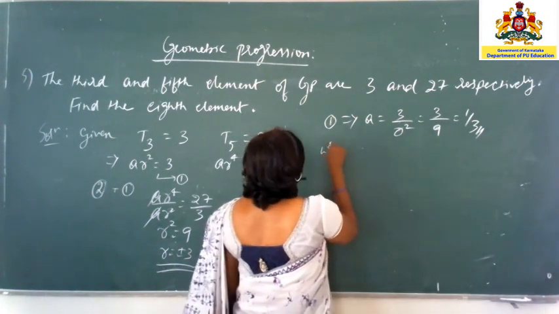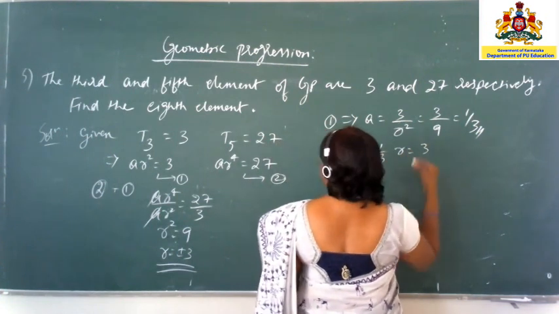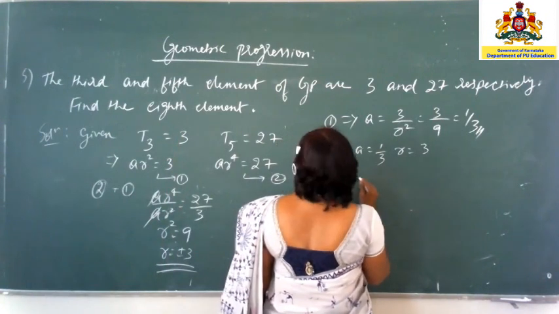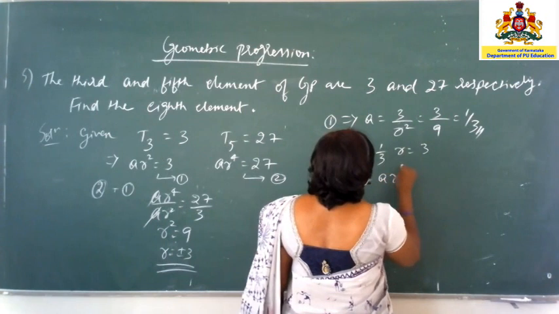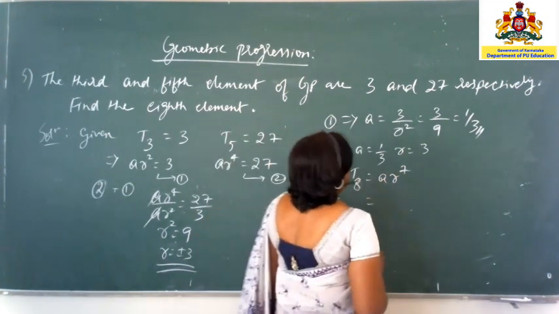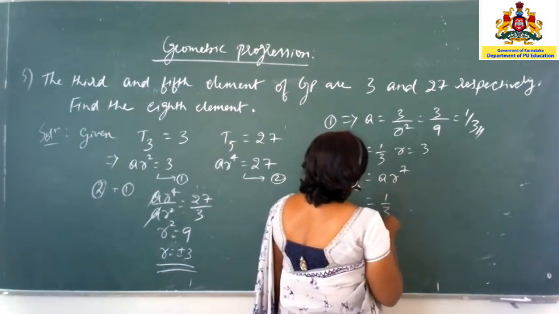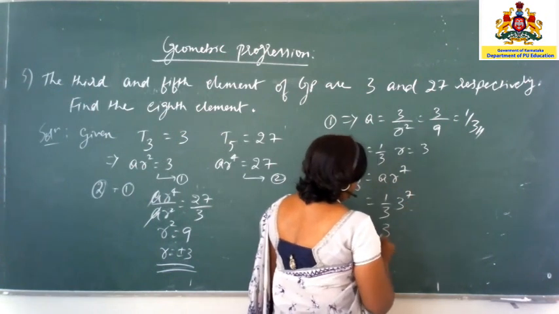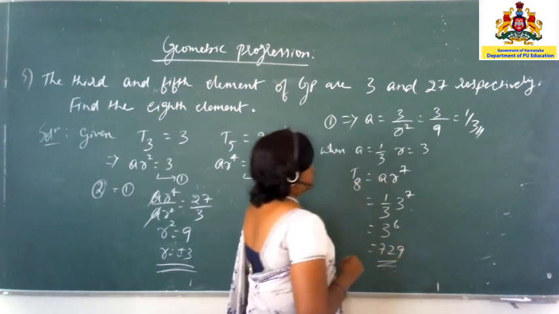So when A is equal to 1 by 3, R is equal to 3, the eighth element, that is T8, is equal to AR to the power of 7. So A is 1 by 3, R is 3, so 3 to the power of 6, that is equal to 729.